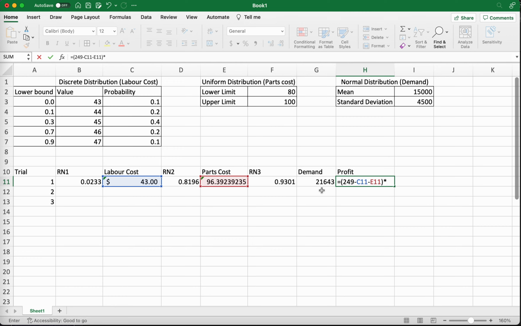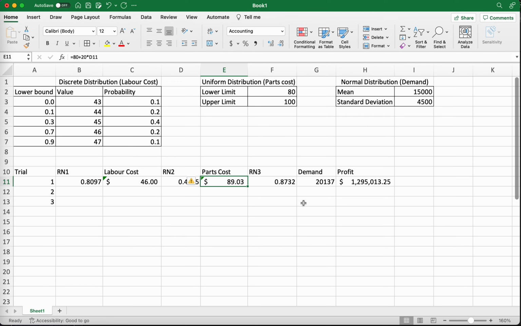Times the demand, minus $1 million. I'm going to do some housekeeping. Parts cost is also a dollar value; labor is dollars automatically. Okay, good. So that's my total profit for this particular scenario. Right, so this is one trial.